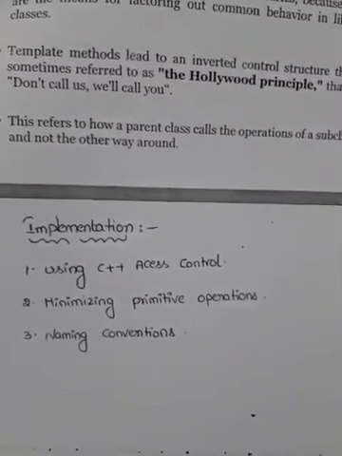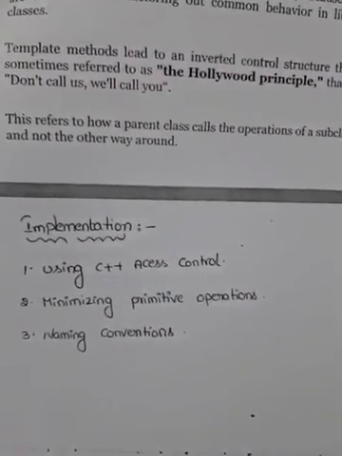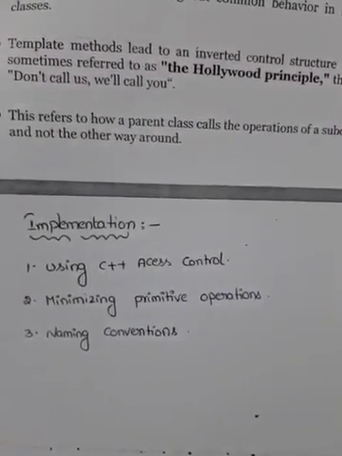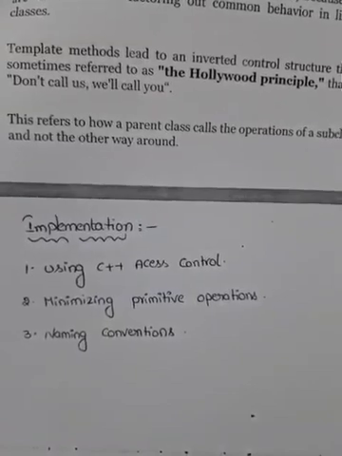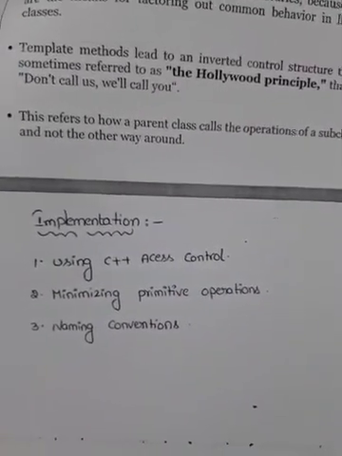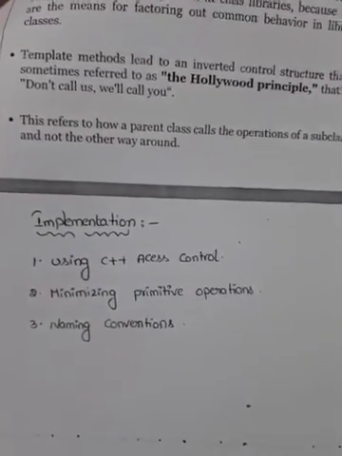And the next one is naming conventions. In this, we can identify the operations that should be overridden by adding a prefix to their names. So, these are the main three implementation issues we can say under this template method pattern.